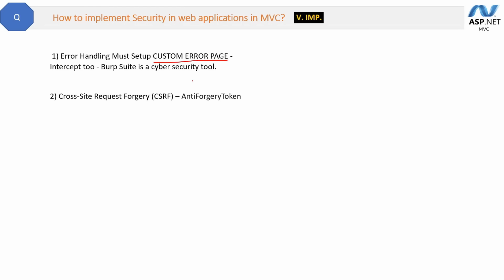Second one is cross-site request forgery. It is basically to handle the sessions. Suppose you are opening your bank account, and then you get an email, and you open that email in your Gmail, Yahoo Mail, any email, but the browser is the same and your bank account is also open. In the email there is a link. Now your session with the bank account is there.